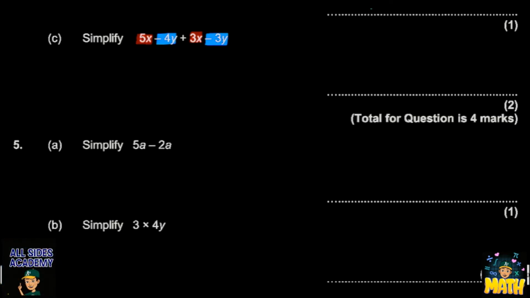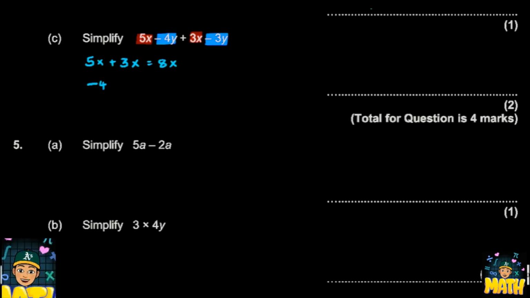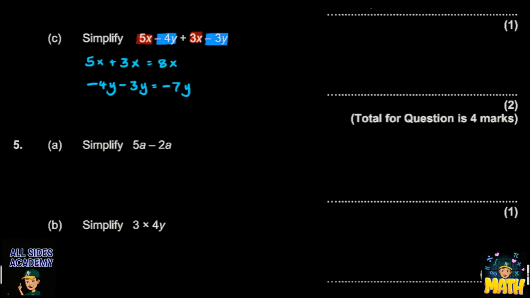So I'll start with the x. So 5x plus 3x gives me 8x. And then I have negative 4y minus y, which gives me negative 5y. Once I've done that, now I put the 2 terms together so that I have 8x minus 5y, and that is my response.